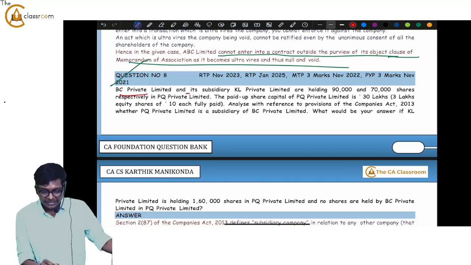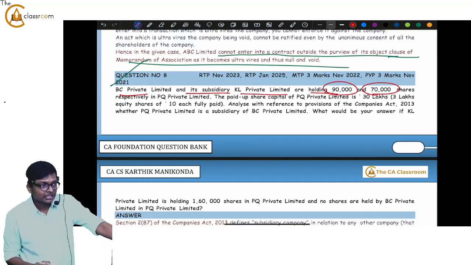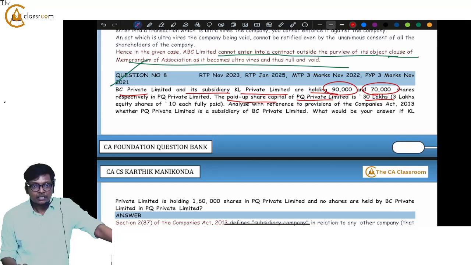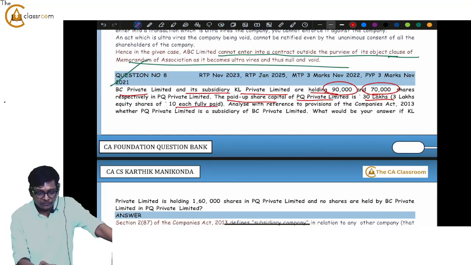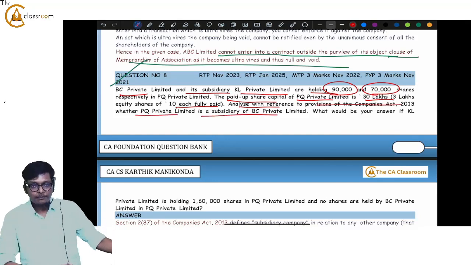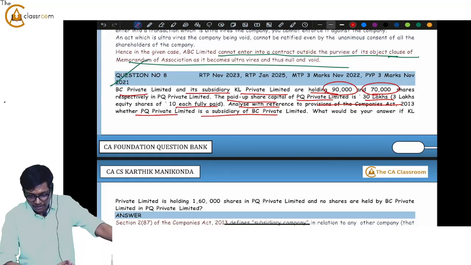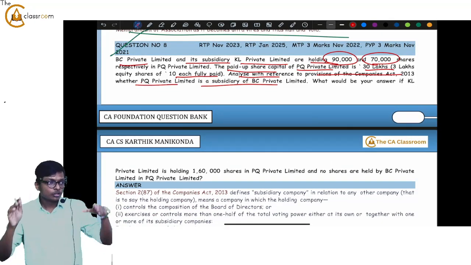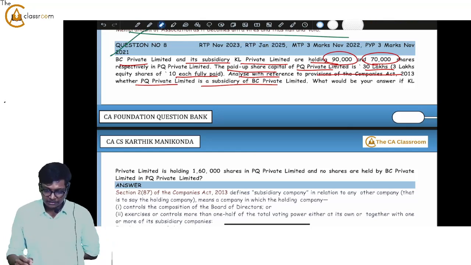BC Private Limited and its subsidiary KL are holding 90,000 and 70,000 shares respectively in PQ Private Limited. The paid up share capital of PQ is 30 lakhs, 3 lakh shares of 10 each, fully paid up. Analyze with reference to provisions of the Companies Act whether PQ is a subsidiary of BC Private Limited. What would be your answer if KL is holding 1,60,000?